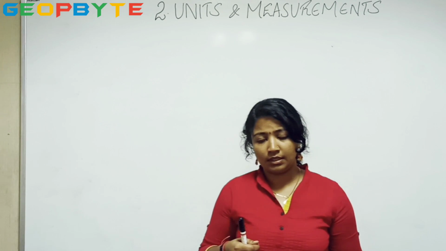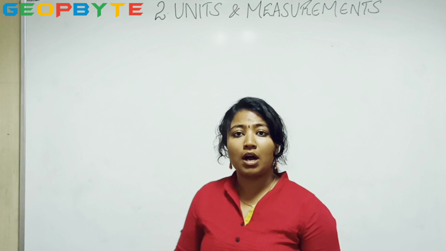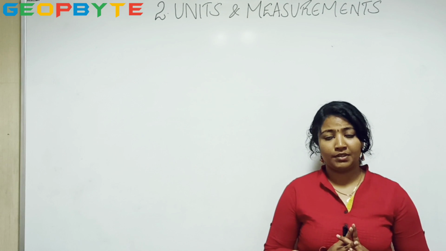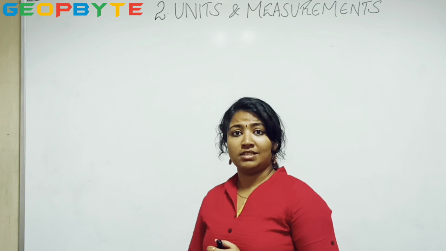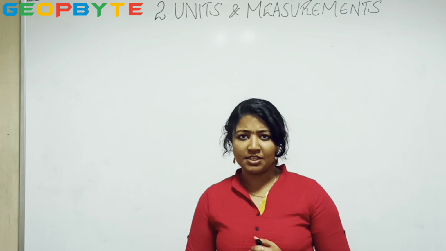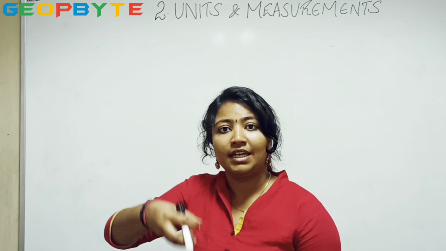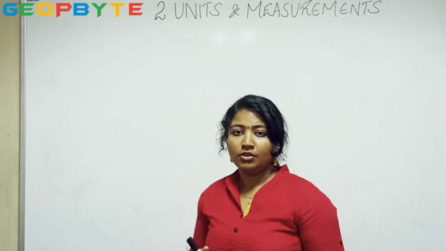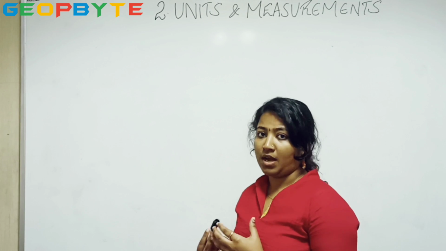But what if I ask you to measure the mass of planets, stars, or particles like atoms and molecules? In such cases, you can't weigh them in a weighing machine. So we use certain techniques for measuring such masses.